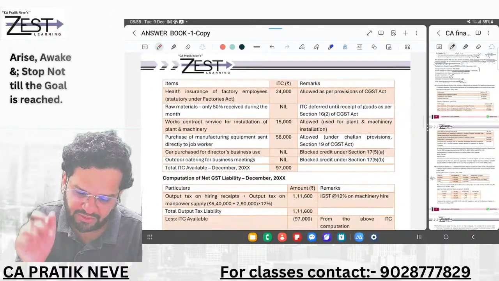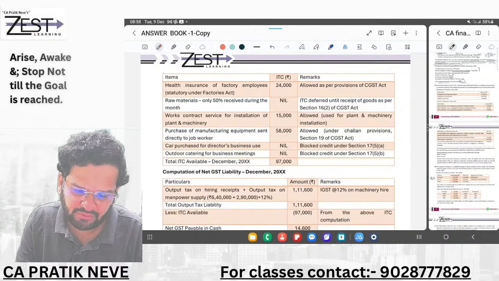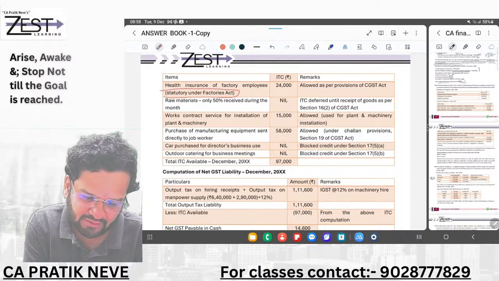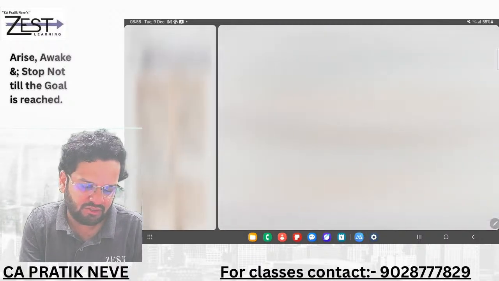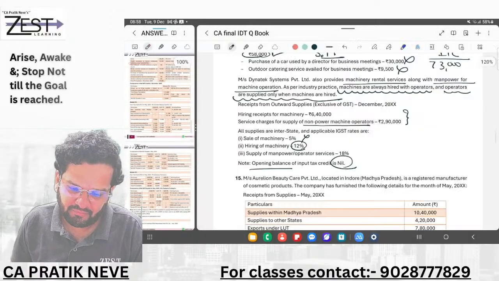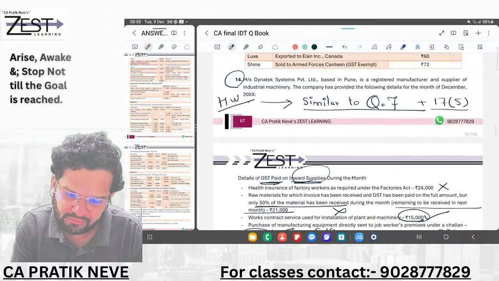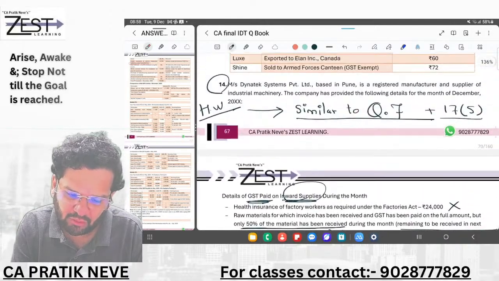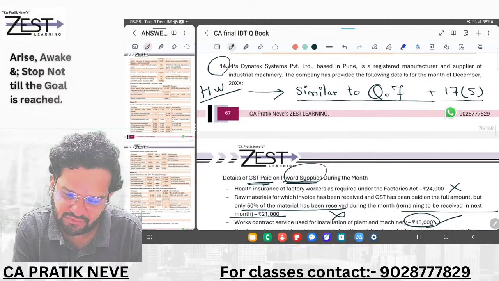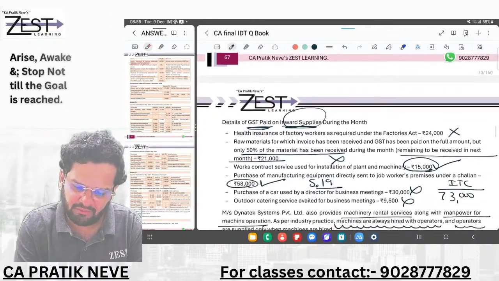See, as we discussed, was it given that the statutory under Factories Act, health insurance? Just go and find out whether it's given in the question like that. Did we miss out? Dynatic Systems based in Pune, registered manufacturer, supplies and supplier of industrial machine.